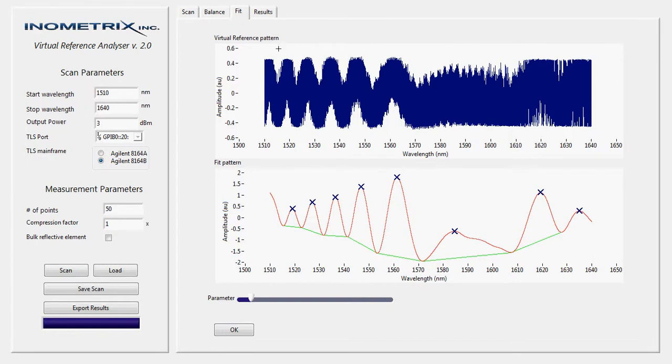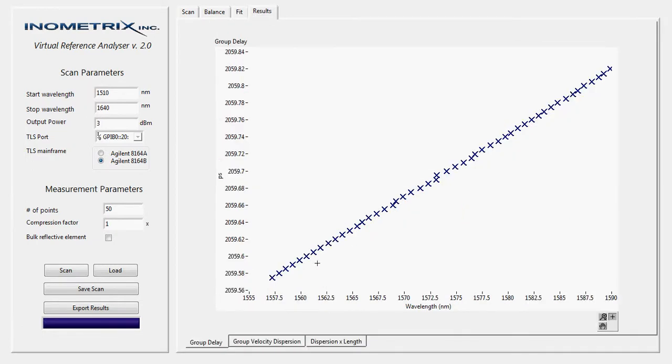Okay, so the bandwidth of our results is going to be smaller than the bandwidth of our scan because of that. And this is characteristic of all dual arm interferometric techniques.